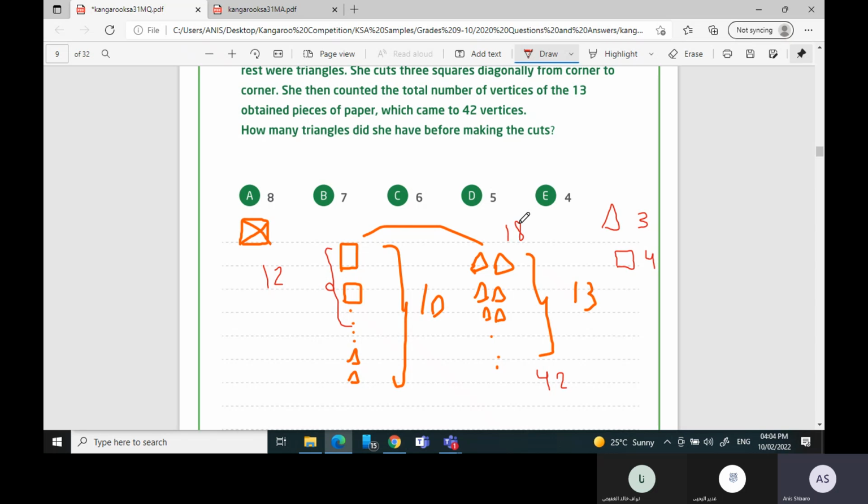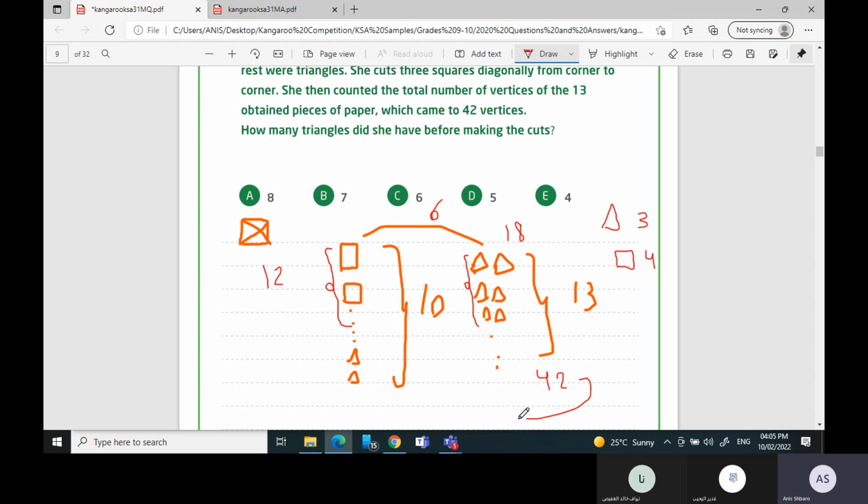So from 12 vertices, I got 18 vertices here. So now I know that I started with a number and had an increase of 6 extra vertices. So of course, at the end we had 42.